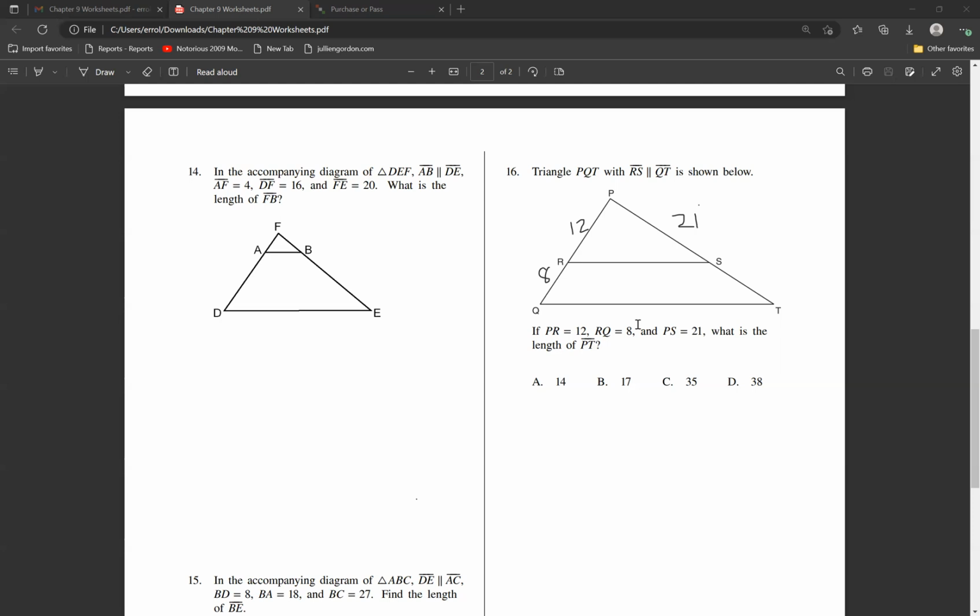Okay, if PR is 12, RQ is 8, PS is 21. What is PT? Okay, set up the ratios. 12 over what?